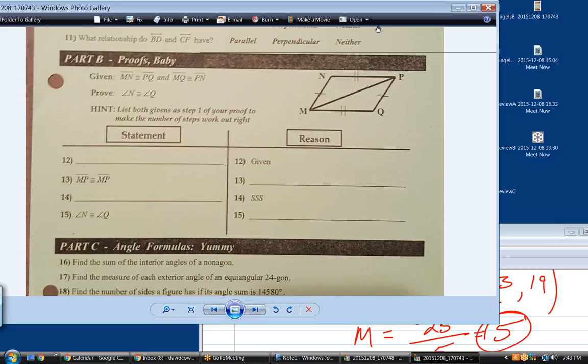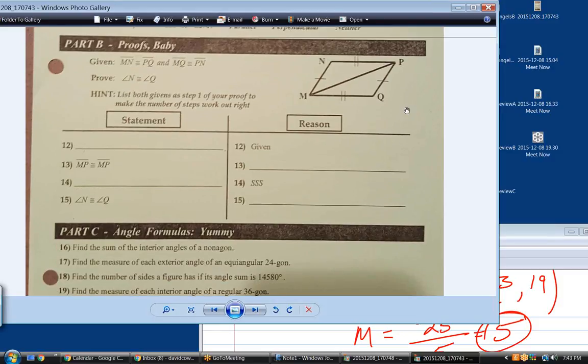All right, let's go to proofs. Everybody's favorite. So we have those givens, which is basically this line here is congruent to this line here, which we can tell because they both have a single hash mark.